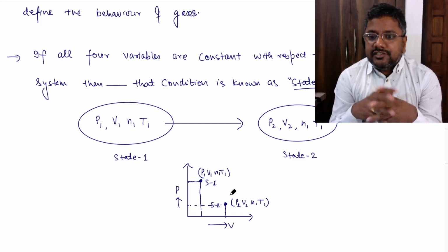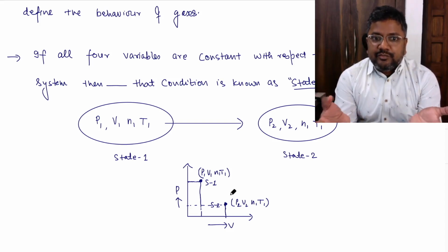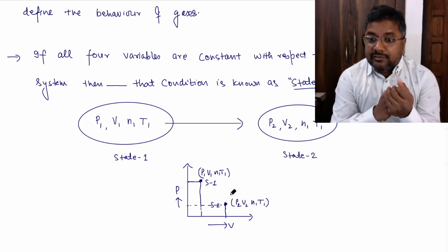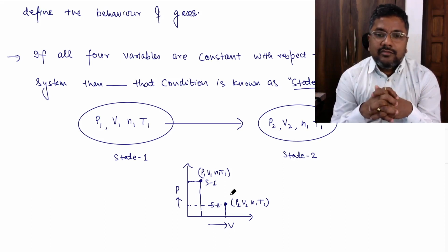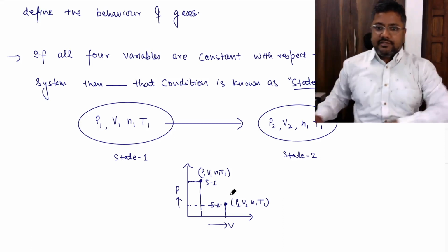Change in state means change in the variables, pressure, volume, temperature, and quantity also may change. But here at your level, mostly you have systems in which there is no change in the quantity. Number of moles are usually constant many times.